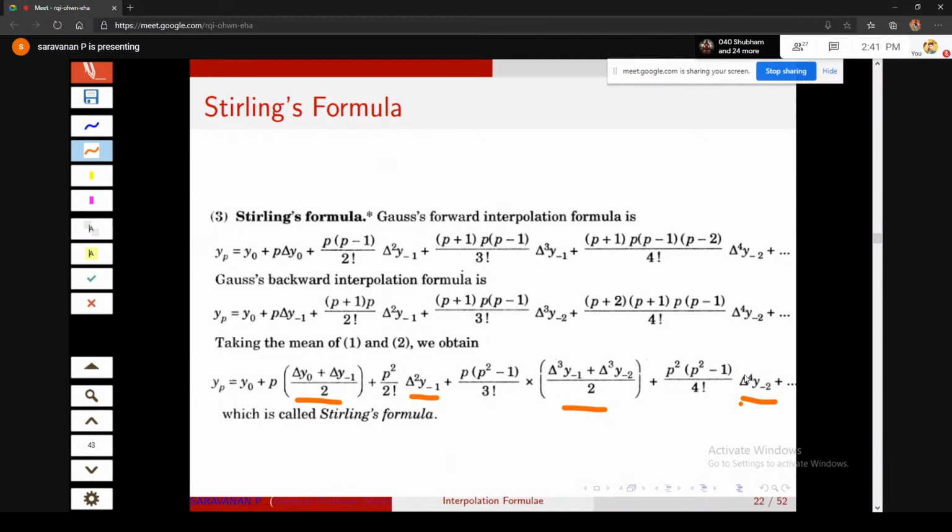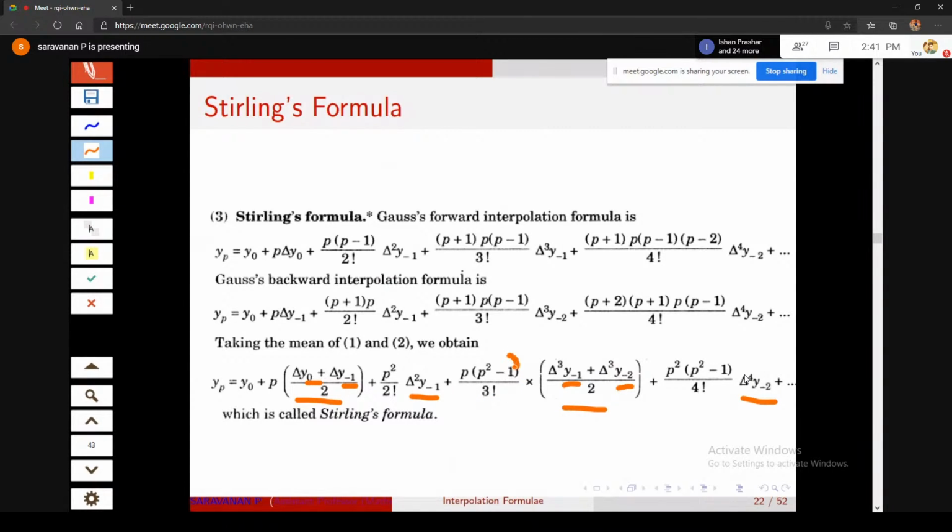The first term is delta y0 plus delta y minus 1 by 2. The third term is delta cube y minus 1 plus delta cube y minus 2 by 2. So the fifth term becomes y minus 2 and y minus 3. That is the idea.